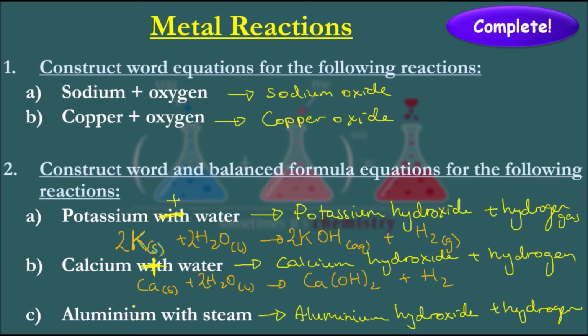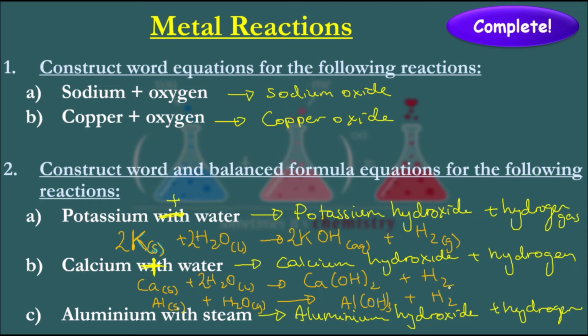Okay, and then the last one we have is aluminium. So to do the aluminium: solid plus steam, which is H2O, gas, gives aluminium hydroxide, Al(OH)3, and H2.